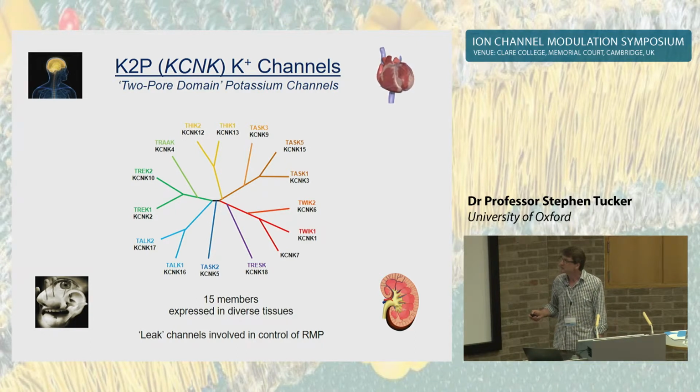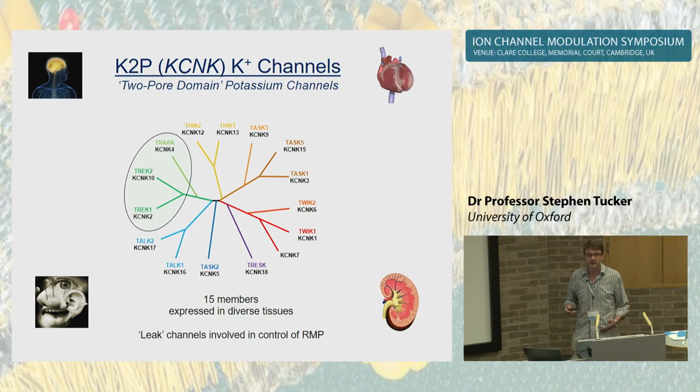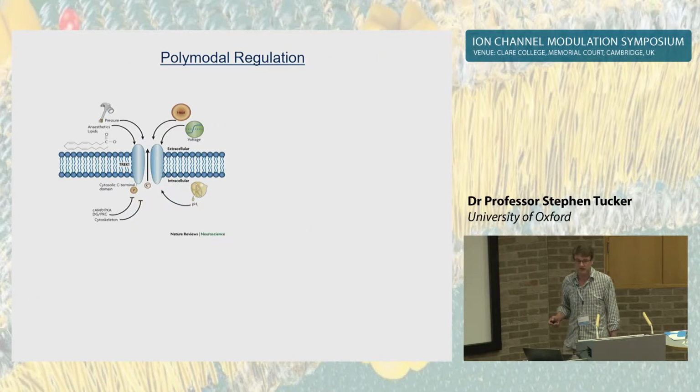But we now know from studies in particular of the TREK and TRAAK channels, this particular subfamily, that these K2P channels exhibit a complex polymodal form of regulation. They can be regulated by many different factors, including temperature, voltage, acid, intracellular and extracellular, as well as a wide variety of compounds and other signaling pathways, and also pressure or membrane stretch.